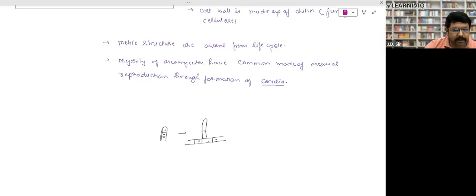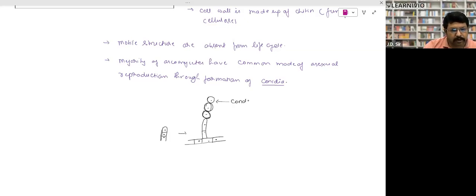At the top part of the hypha, the tip becomes spherical. These kinds of structures are formed, and they are called conidia.